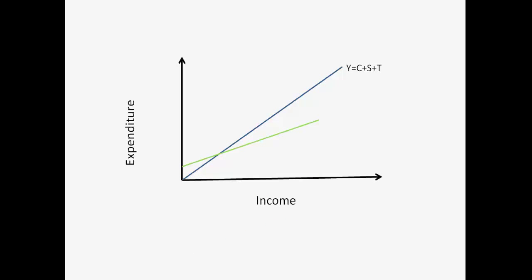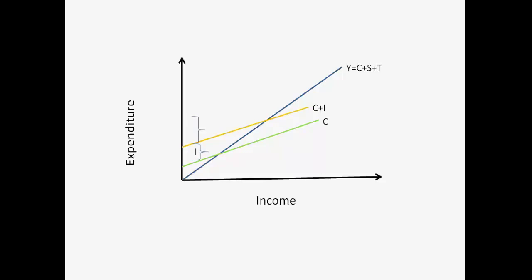So let's start. We get the consumption curve, which keeps on increasing and starts at a particular level of expenditure. It is not going to be zero at any point, even if the income is zero. So this is the consumption curve. When we superimpose the effect of investment on the consumption, we get the consumption plus investment curve.